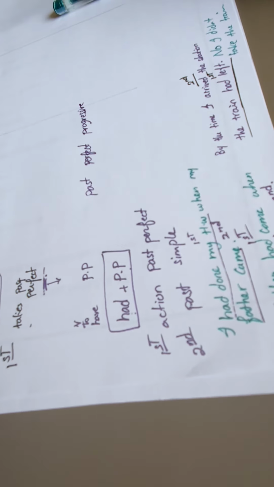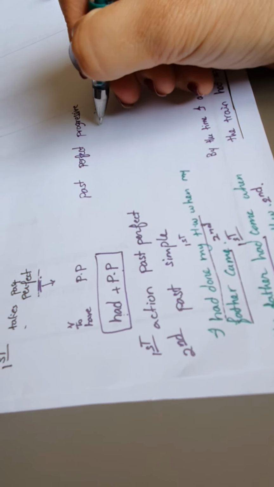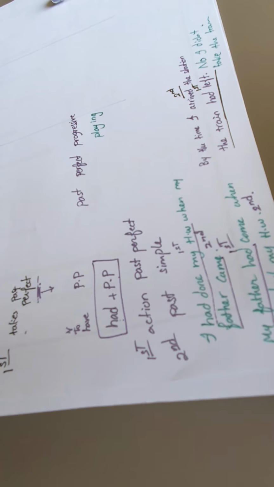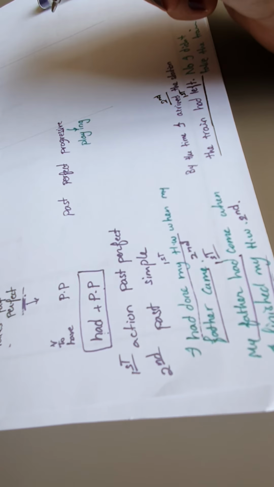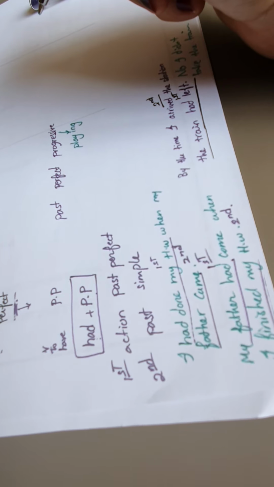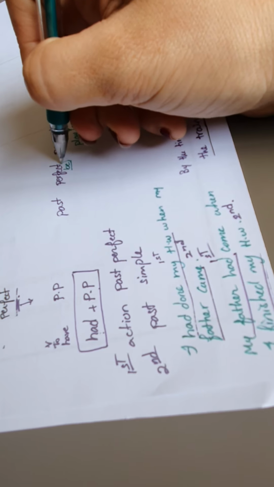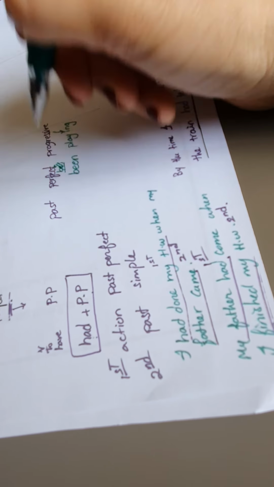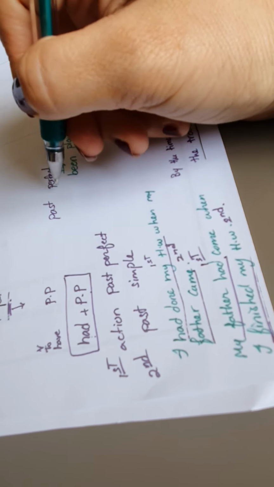For progressive, I should have what? Ing, playing. Can I have progressive without am, is or are? No, so I should have verb to be. Verb to be should be in the perfect, so it will be been, the third form of the verb.